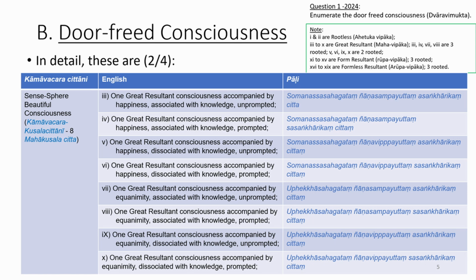Somanasa is pleasant feeling, but here then the happiness is what? It's a pleasant feeling. Some of them put it this way. If you put pleasant feeling also can. It may be clearer, I would say.